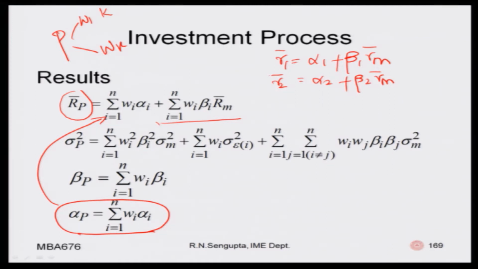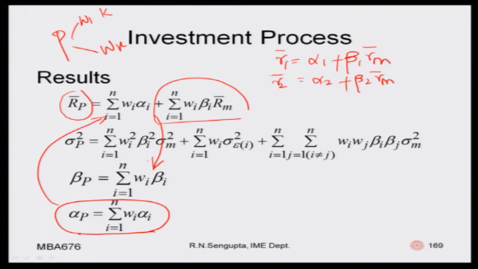And if you consider this and expand that, what you will have is basically beta p. What we are trying to do is replace the alpha i's and the weights by alpha p, which is the portfolio alpha, and the betas, Wi's and Rm's which you have formulated get replaced by beta p multiplied by the return of the market.